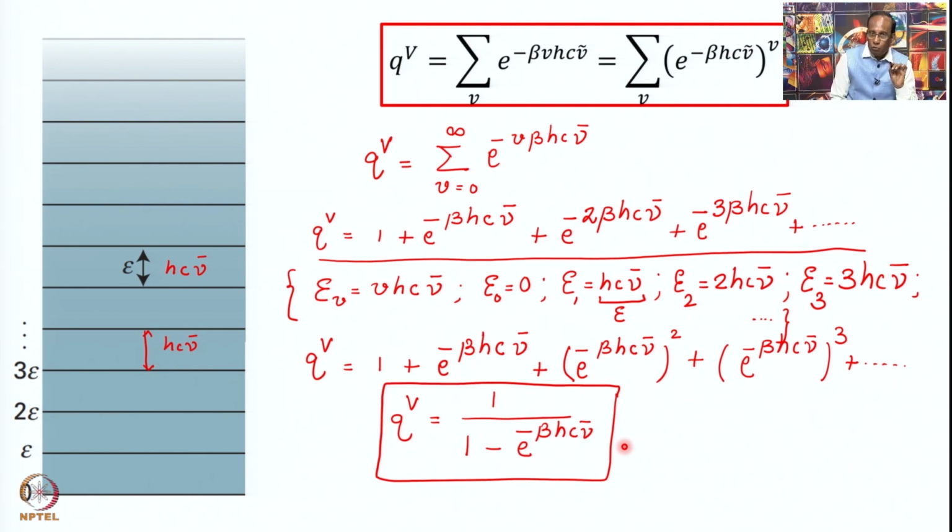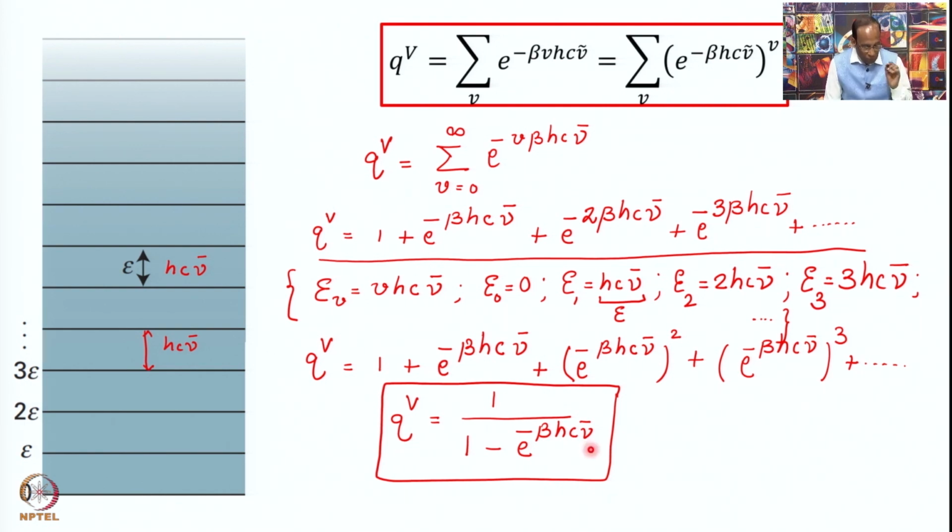Remember that we have used only one approximation here, and that approximation is that we have considered the system to be a harmonic oscillator, which has led to this uniform ladder of energy levels, and we have not used any other approximation. So, for a given vibrational wave number, you will have a vibrational partition function.